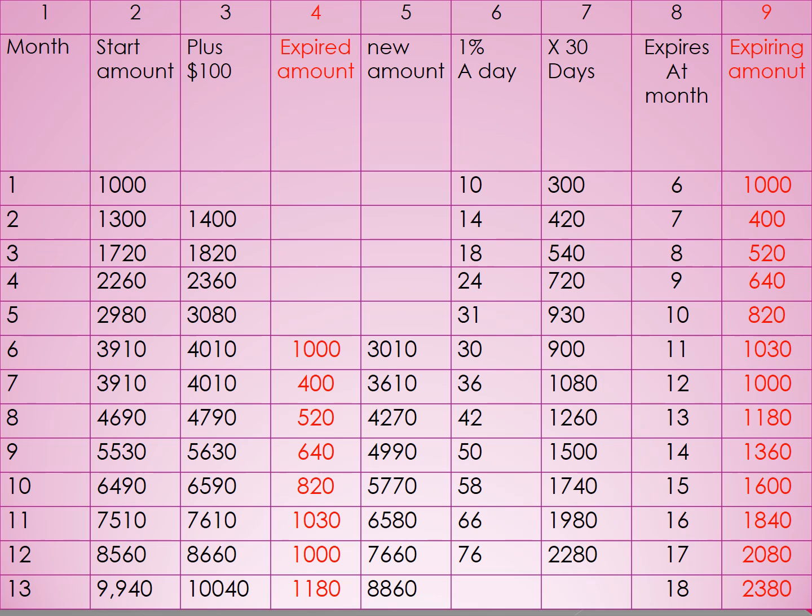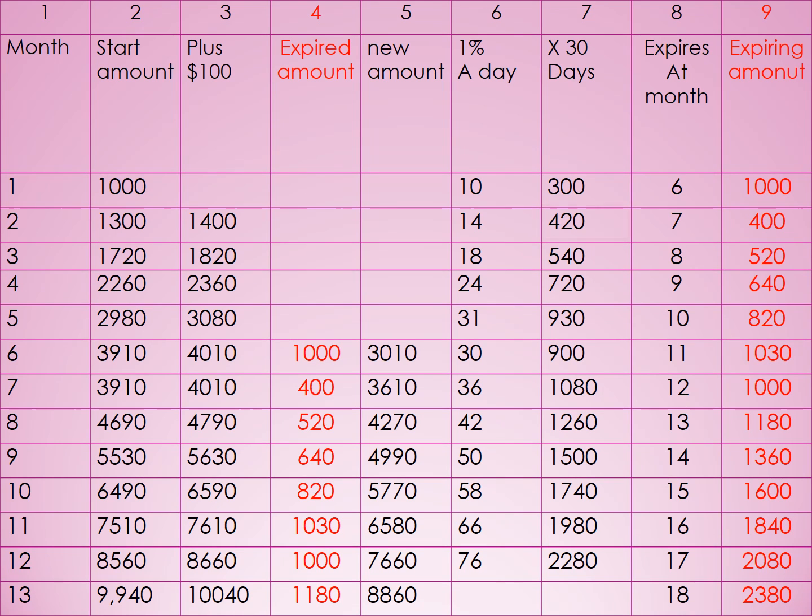Moving on to month 3. In column 7, row 2, you can see your $420 profit share for month 2. We will add that to the $1,300, which gives us in column 2, row 3, the $1,720. Plus, slide over one column, we're going to add our $100 out-of-pocket investment for the month, which is going to bring our investment total to $1,820.